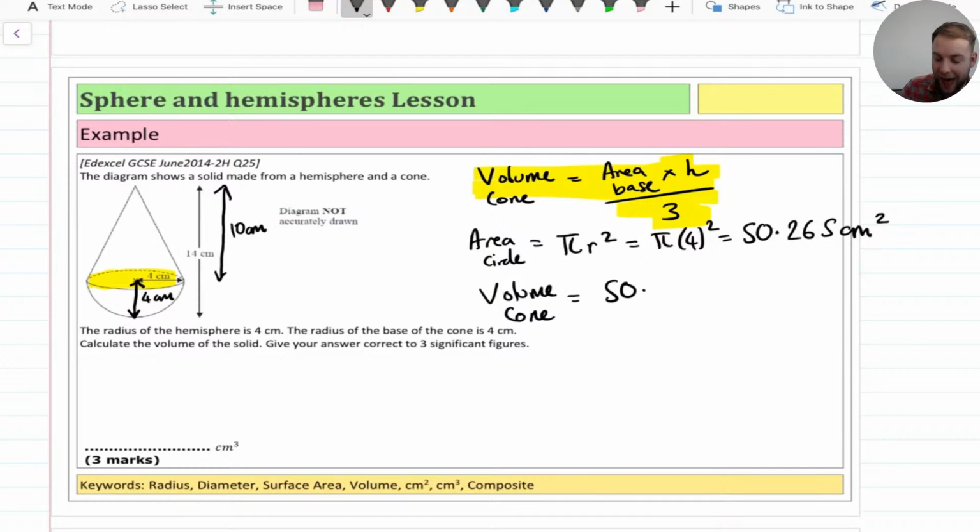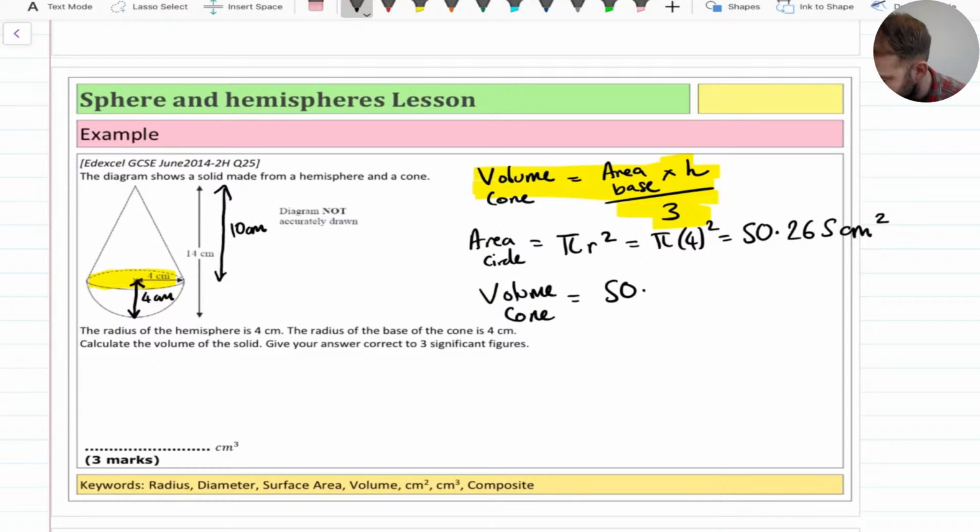To find the volume of the hemisphere, so we'd have the volume of the sphere, which is equal to 4/3 pi r cubed. Let's sub that in, so it's going to be 4/3 times by pi times by 4 cubed.